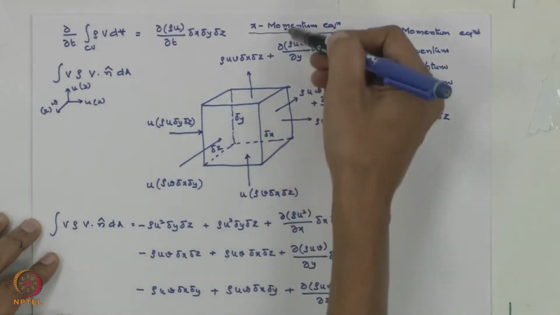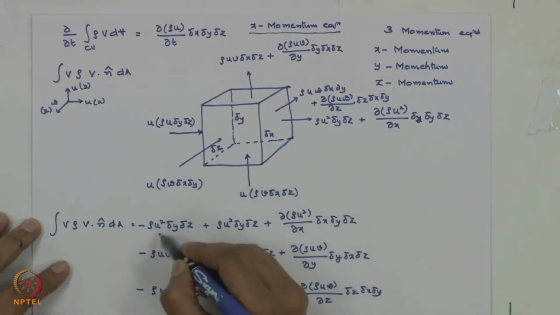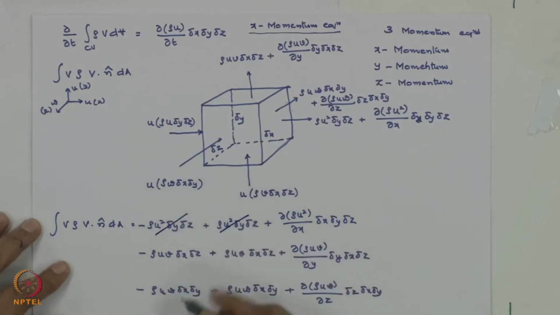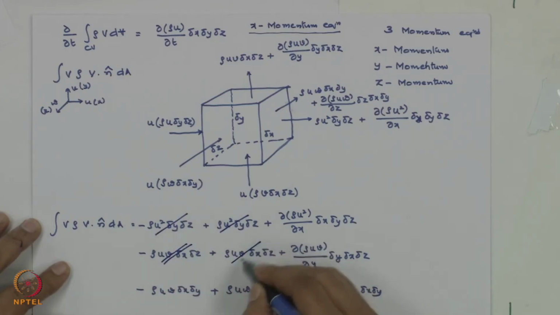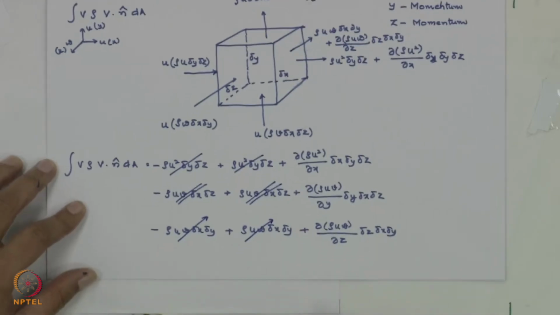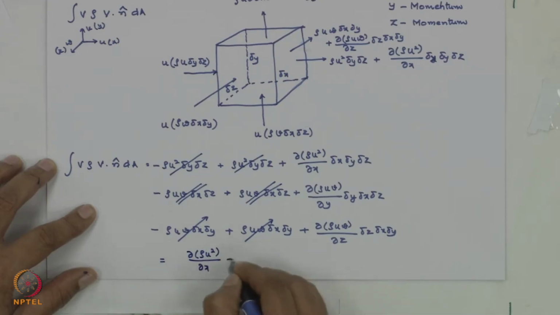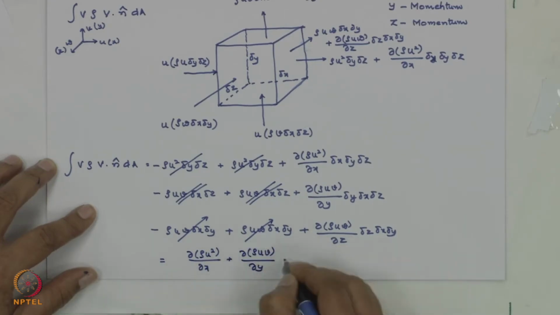So we did that Taylor's expansion, we put all of that here, and we find that now these two terms get cancelled out, these two terms get cancelled out, and these two terms get cancelled out. So I am left with del of rho u squared by del x plus del of rho uv by del y plus del of rho uw by del z.